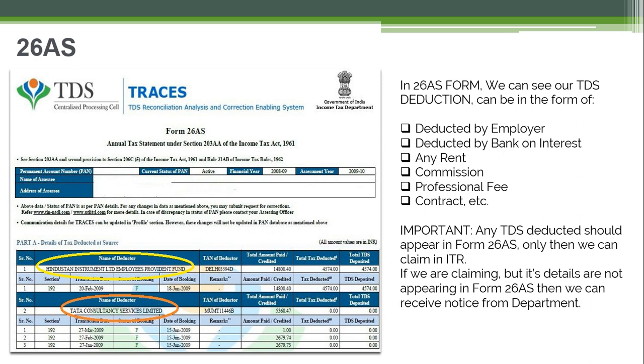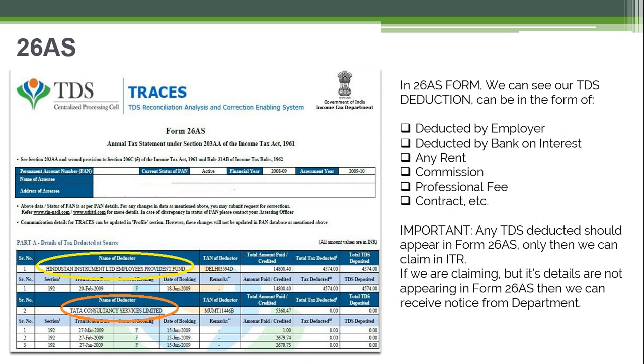You have to see all the details, all the deductions, all the savings from form 16, part A and part B. But if you are dealing with TDS, then you have to see form 26AS to know the deductions about the TDS. Only then can you put it in the ITR or claim it in the ITR.